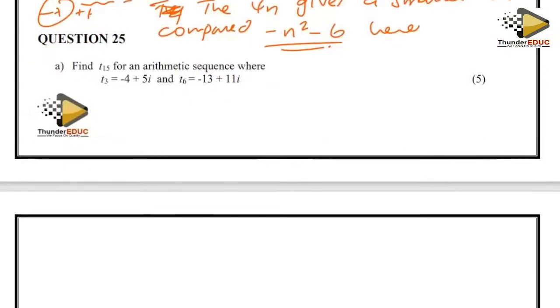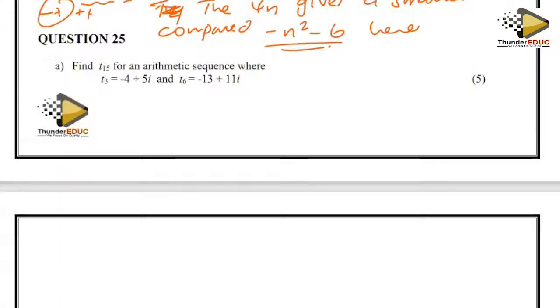Okay, 25. They are telling us to find T15 for an arithmetic sequence where T3 is given and T6 is given. The question is, what is the i representing?